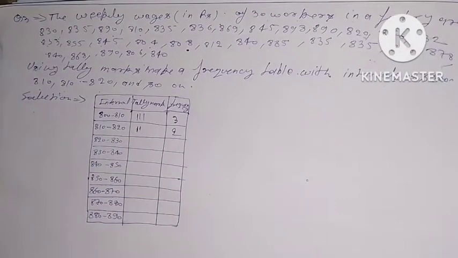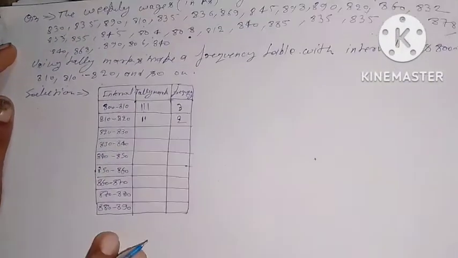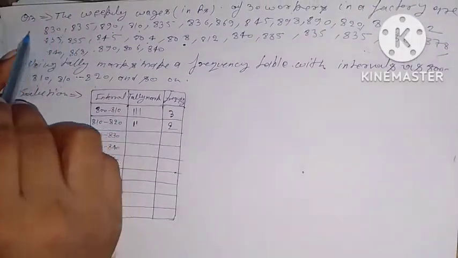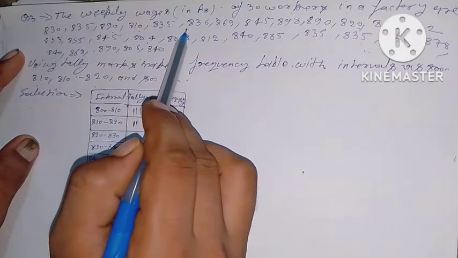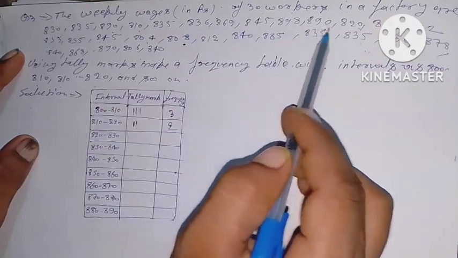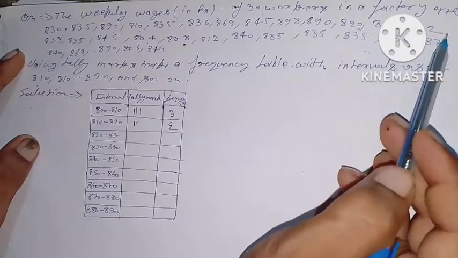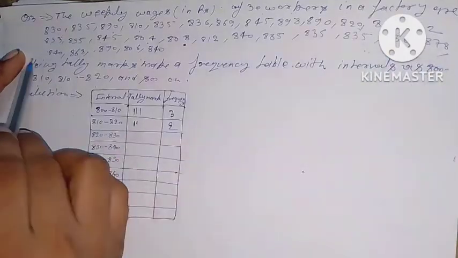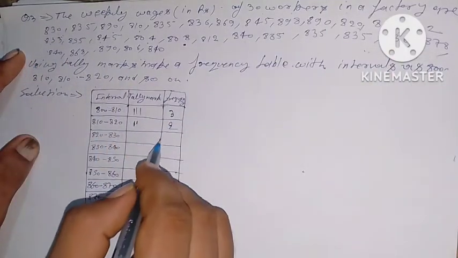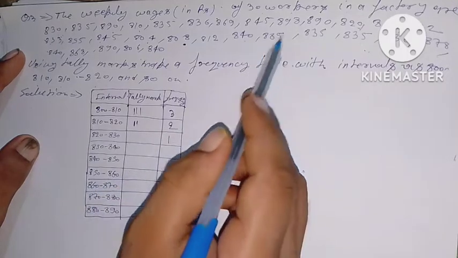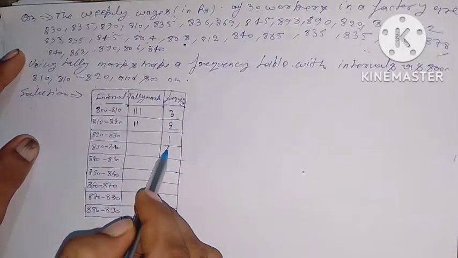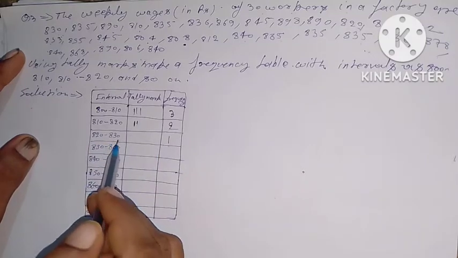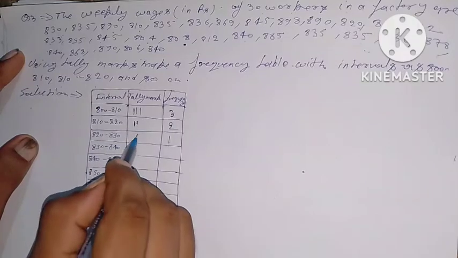And the data between 820 to 830: 821, and no other. Only one data between 820 to 830. Then the tally mark is 1.